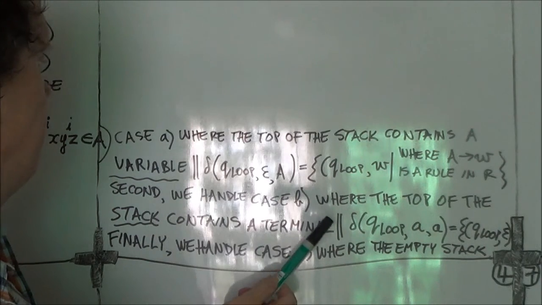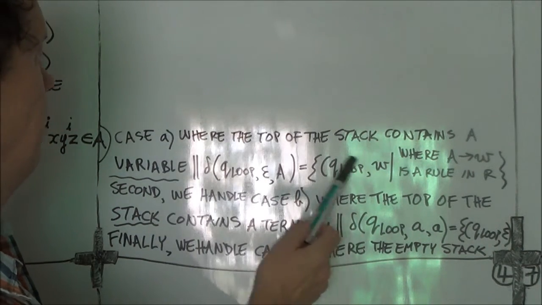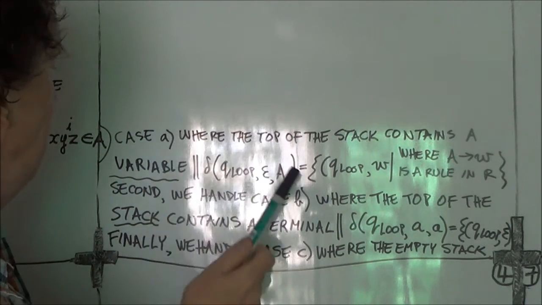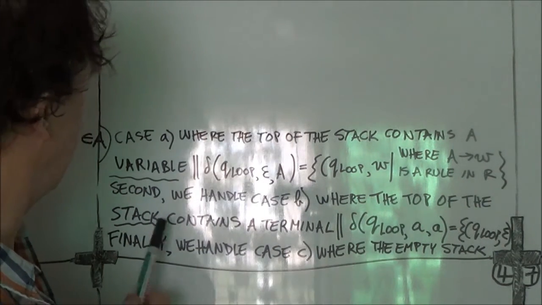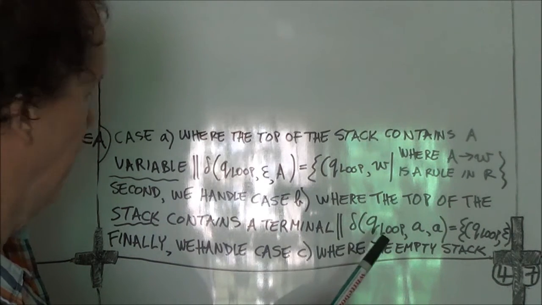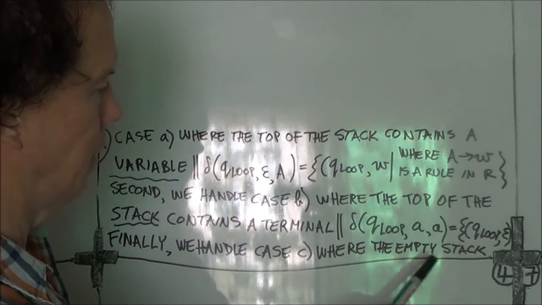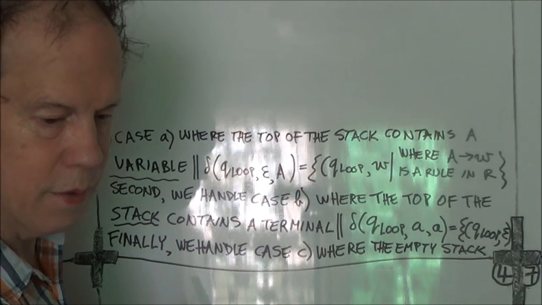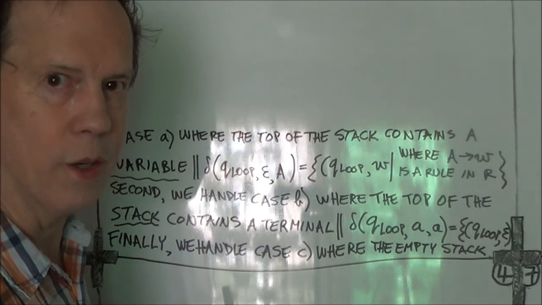And there were three cases, if you remember. When the top of the stack contains a variable, that was case A, and then case B is when the top of the stack contains a terminal, and case C corresponds to the empty stack, that corresponds to when the top of the stack is the $.